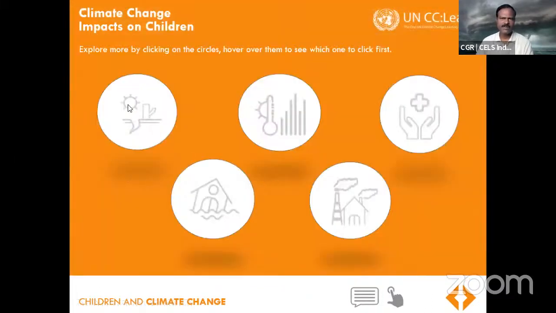Here again you can see that by clicking on each circle we can get more information related to global warming, the health of children, disasters, pollution, and all that.